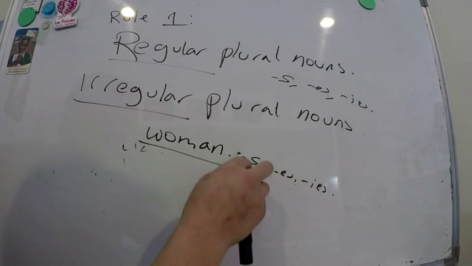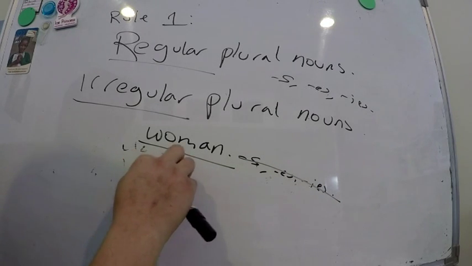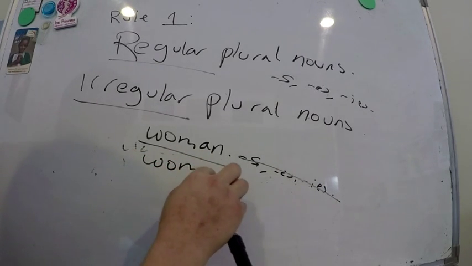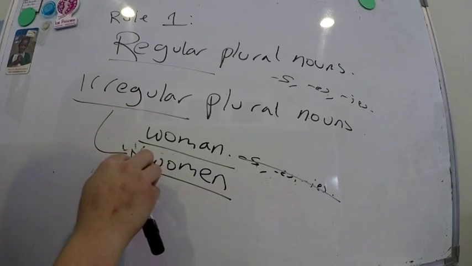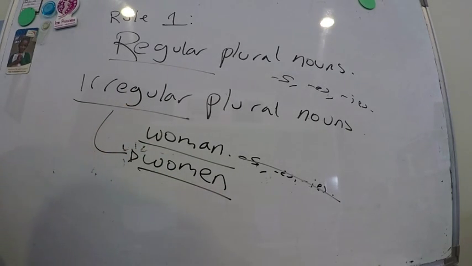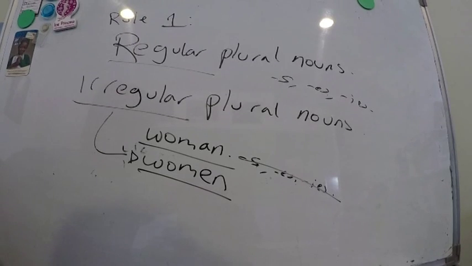What I have to actually do is change the whole word completely and say women. That is your irregular plural noun. The difficult thing about irregular plural nouns is that there is really no rule to determine which noun is going to be irregular or not. You really just have to learn as you go. So that is our regular and irregular plural nouns.